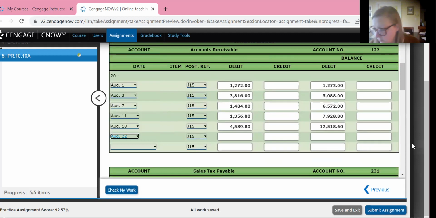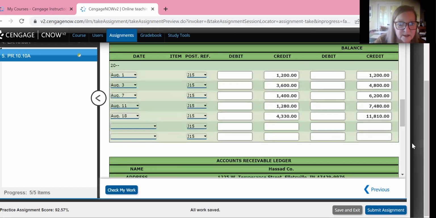On the 22nd, then what happened was $2,120. Bringing us to a total of $14,638.60.